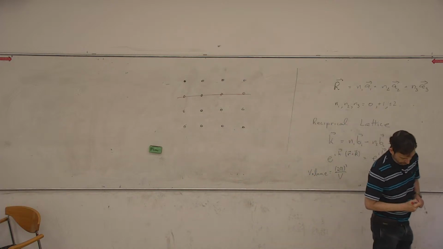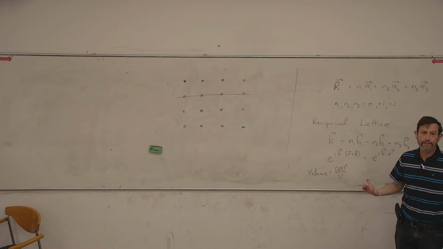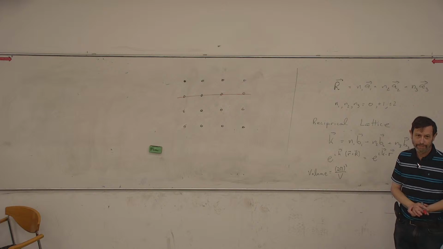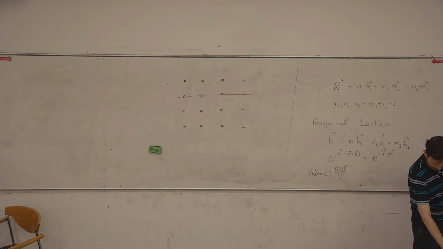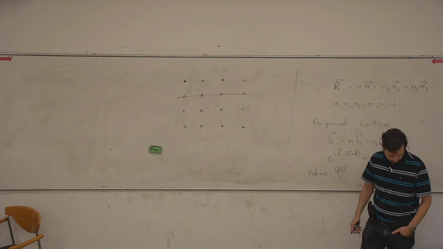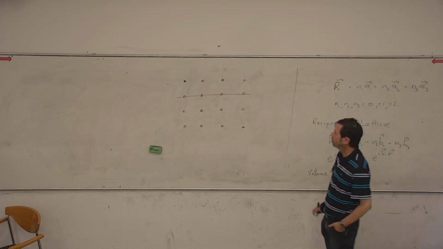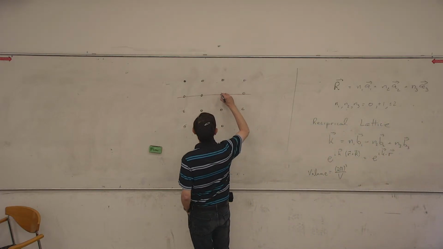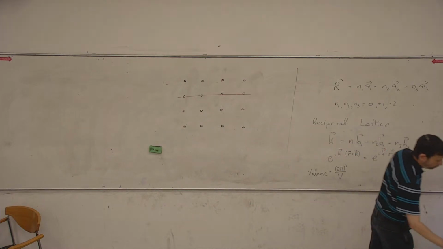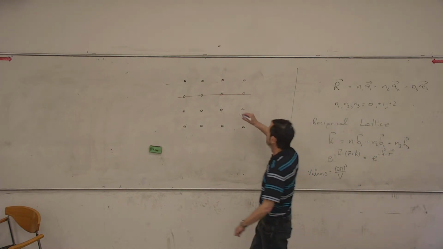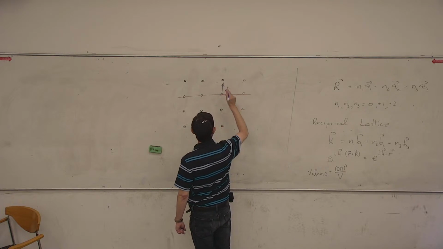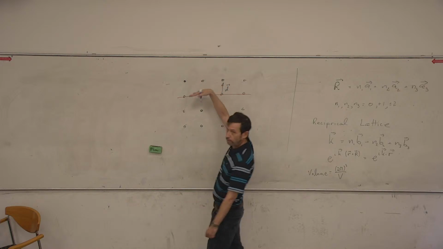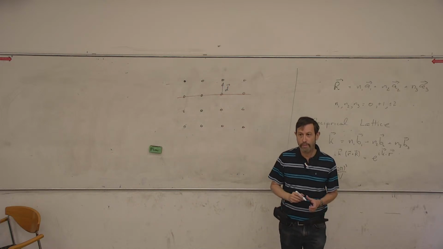What's the easiest way to give them names? By the perpendicular. Exactly. I have a vector that points to the next plane of the same family.